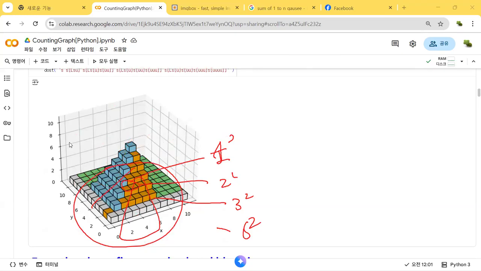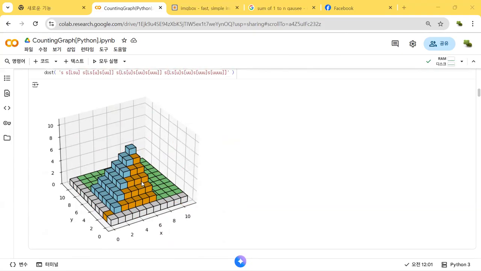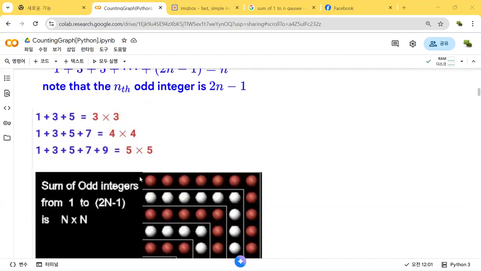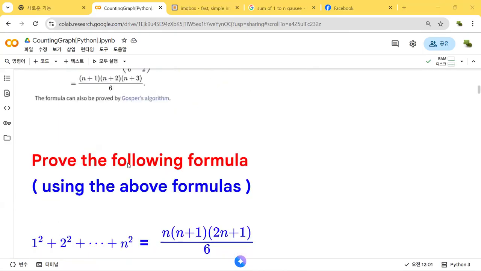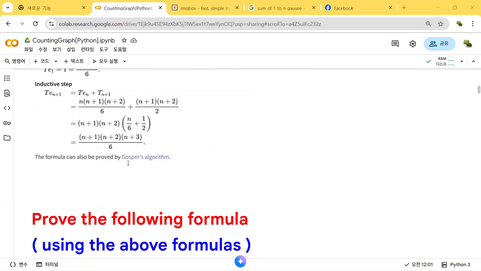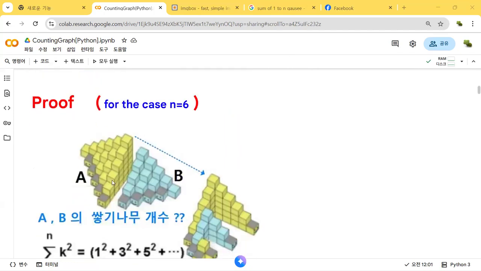So this kind of figure is in fact exactly equal to this one. Okay, these figures.